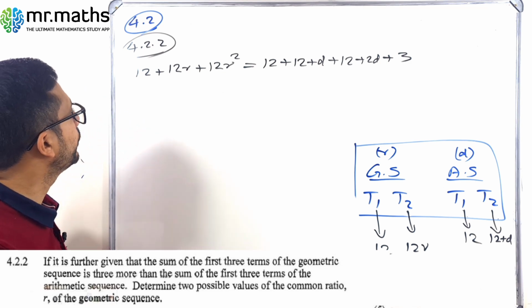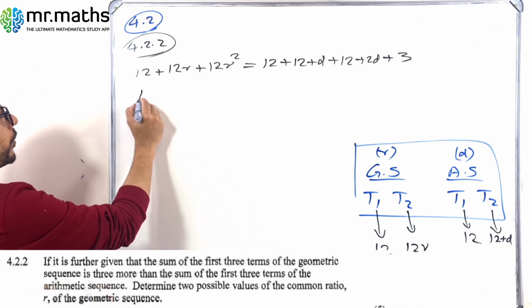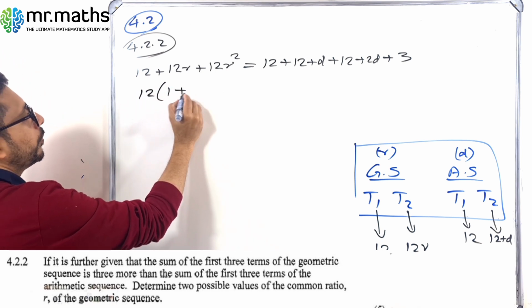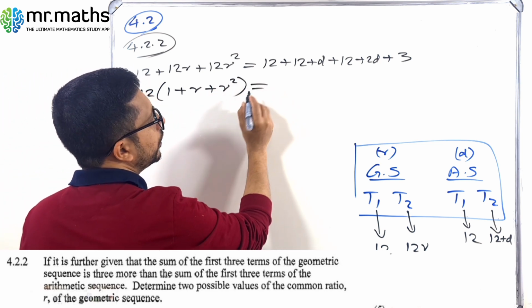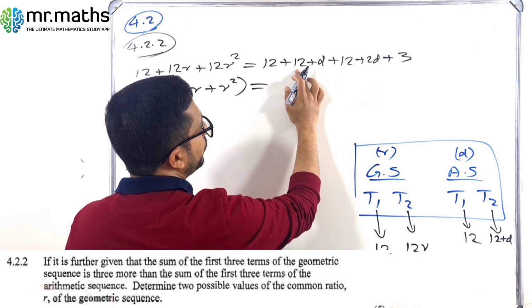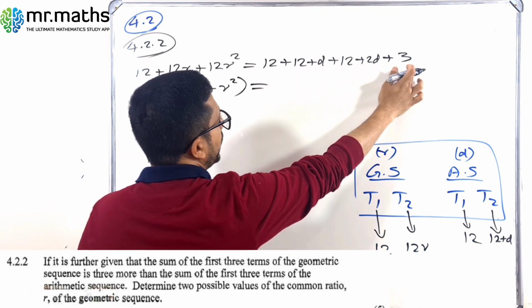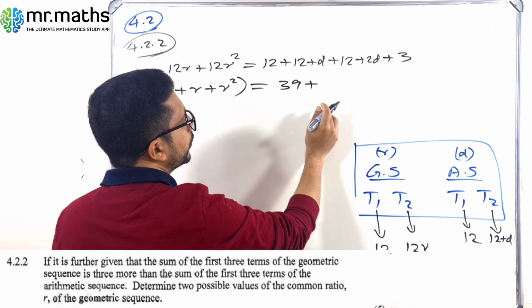So here we can simplify this one. Here 12 is a common factor, am I right? So it is 12 into 1 plus r square. Here addition: 12 plus 12 plus 12, that is 36, plus 3, 39. So it is 39 plus, what about the D term?